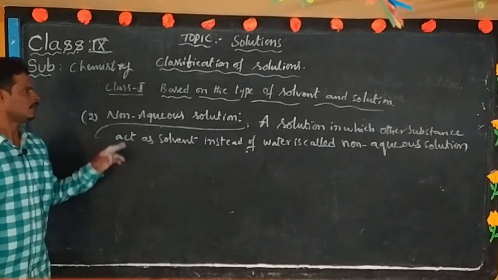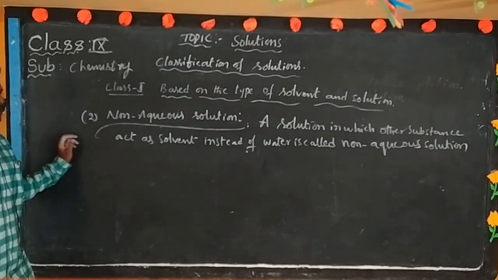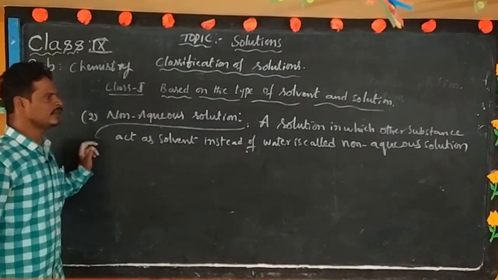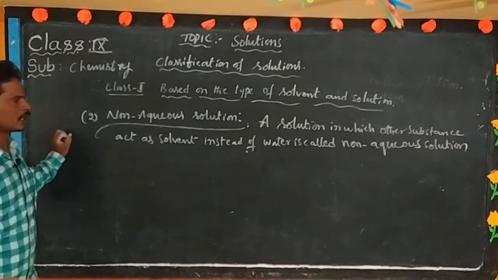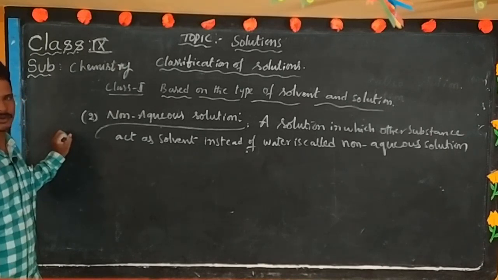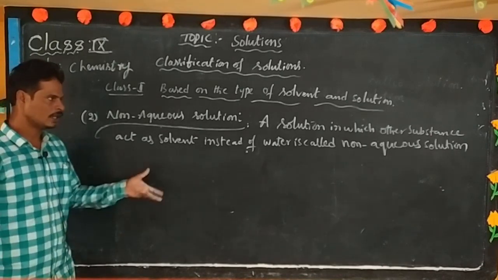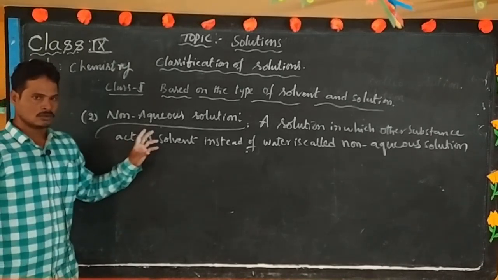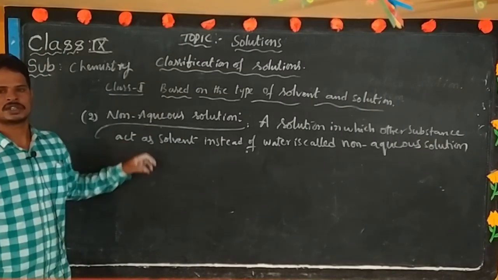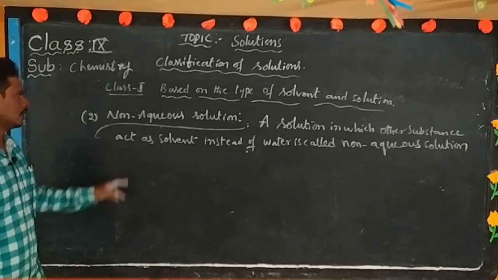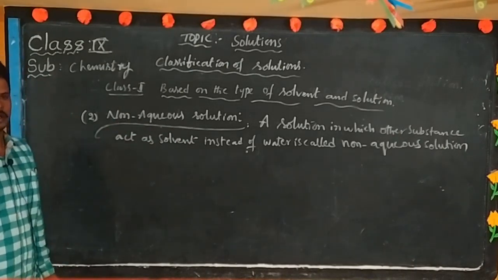So what is the second one? Non-aqueous solution. A solution in which another substance acts as a solvent instead of water is called a non-aqueous solution. Here water does not act as the solvent, but another substance acts as a solvent. That is called a non-aqueous solution.